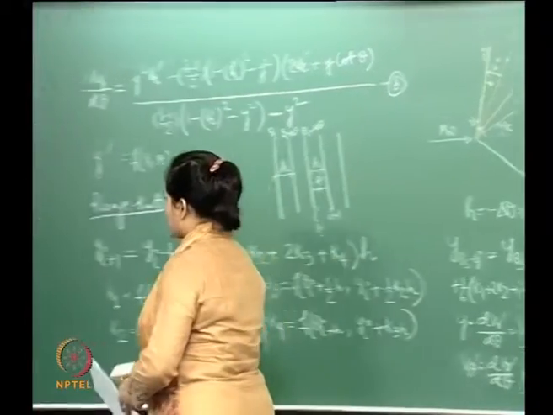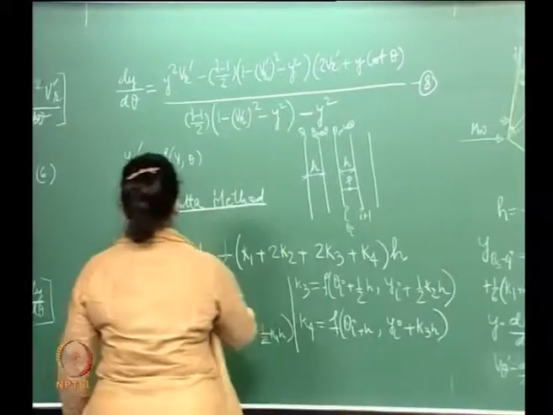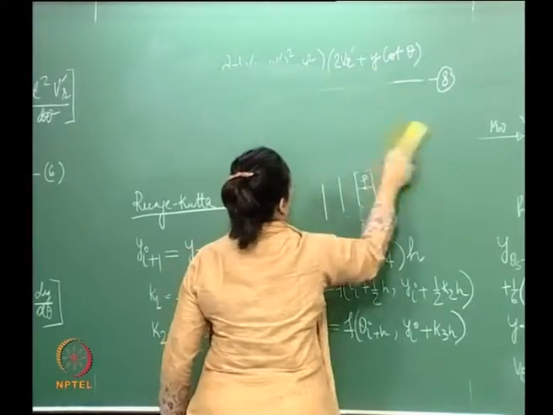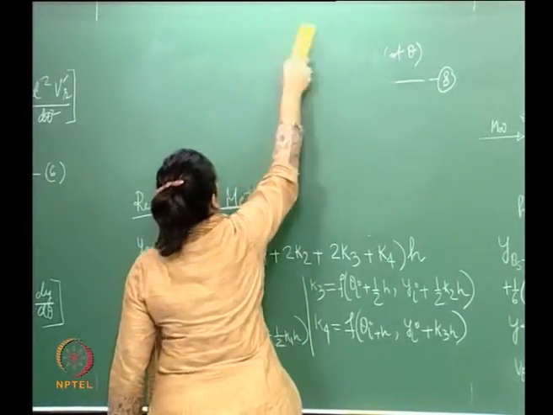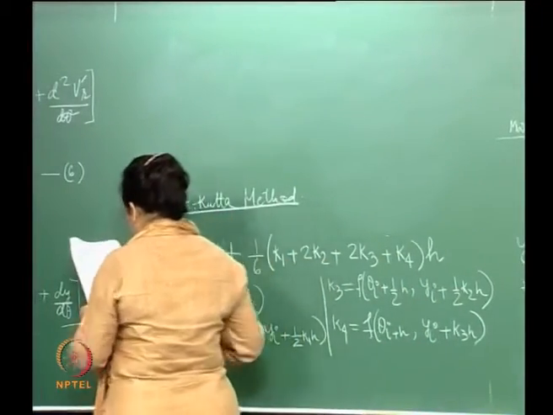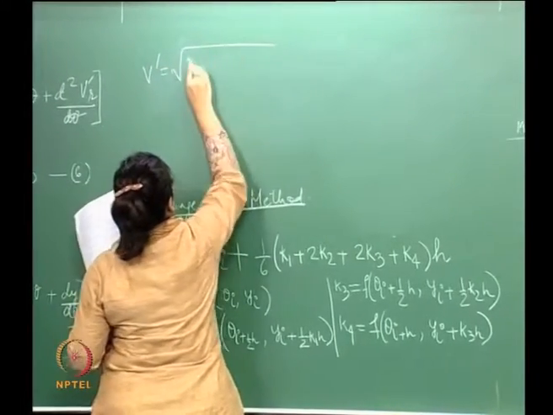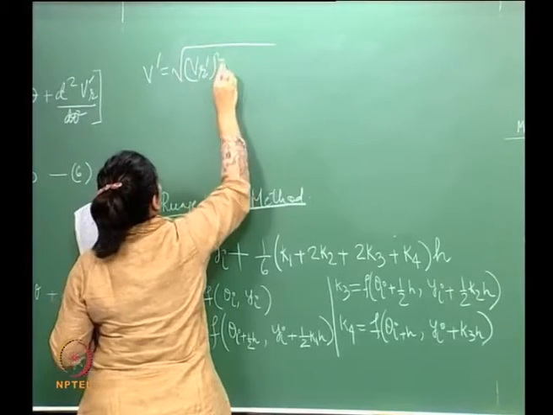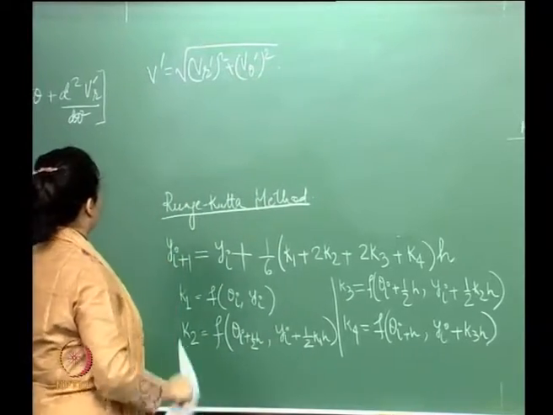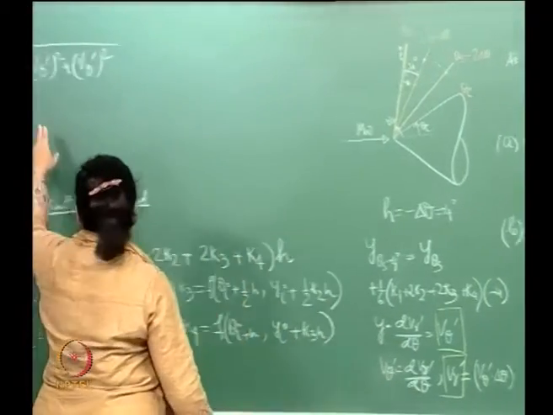So, let us see. I will come back, I need that equation. Let us say I erase this part. So, once we get V theta dash and V r dash, what we get is V dash.